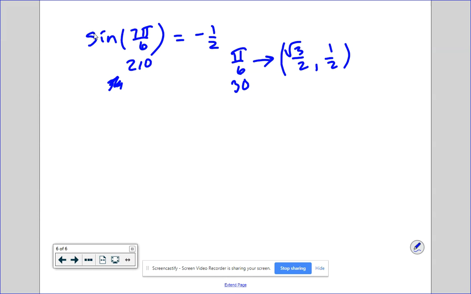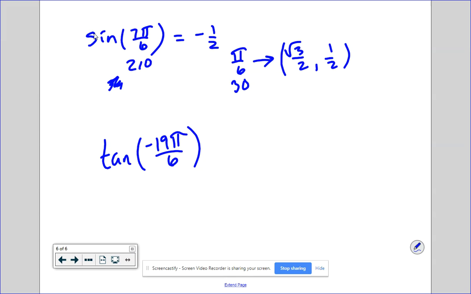Now, what if I give you something like this? What if I give you that? Because it went around, you simplify that, don't you? You have to subtract.